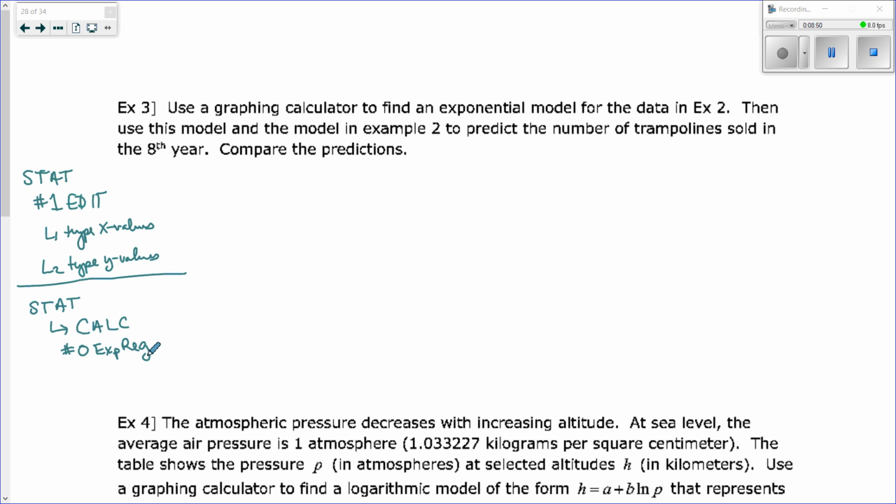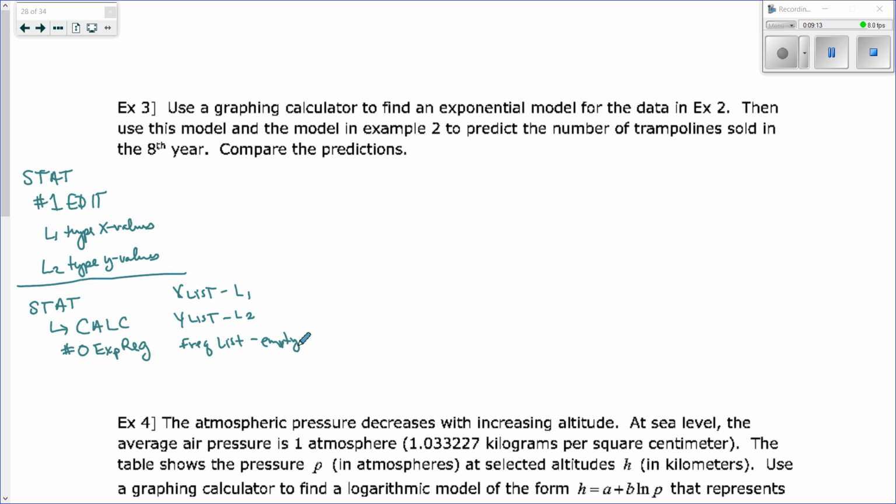And once you hit that button, your X list should be L1, your Y list should be L2, and the frequency list should be nothing, empty.